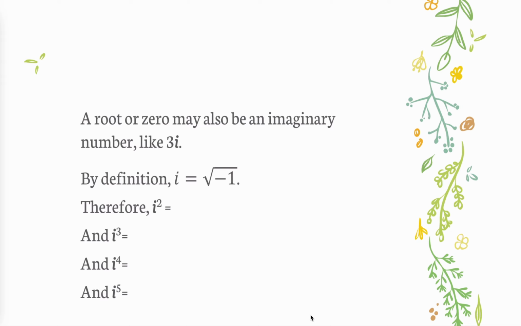Therefore, i squared is the square root of negative 1 squared, which is negative 1. i cubed is going to be i squared times i, which would be negative 1 times the square root of negative 1, or just negative i. i to the fourth would be i squared squared, which would be 1.